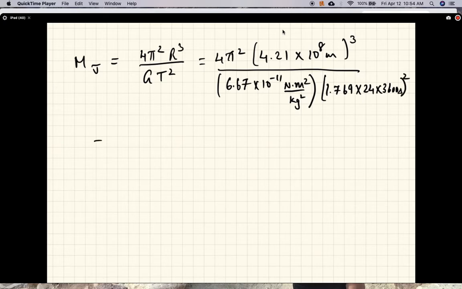Okay, so there is the mass of Jupiter. The combination of all these units should work out to kilograms, of course. If you put newtons as kilograms meters per second squared, one of the kilograms cancels, the other kilogram will be left there.